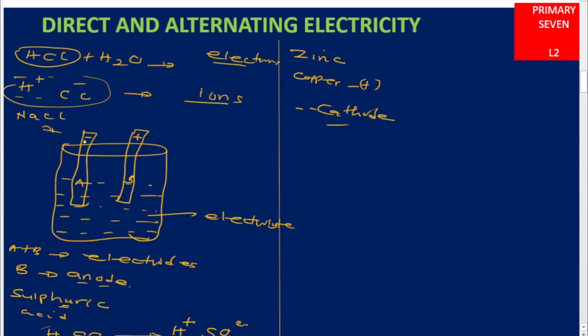Therefore, they can draw this for you. They put A and B, they put the charges, then they tell you to name them. So the positive one is the anode, and the negative one is the cathode. Then they can ask for the material from which each is made. This one is made out of zinc, and this one is made out of copper.